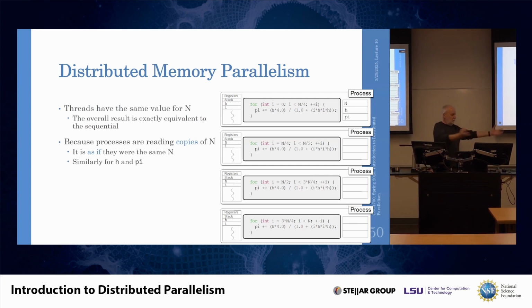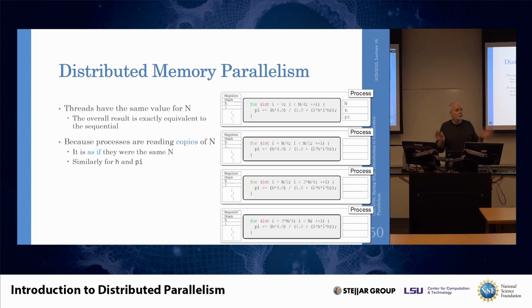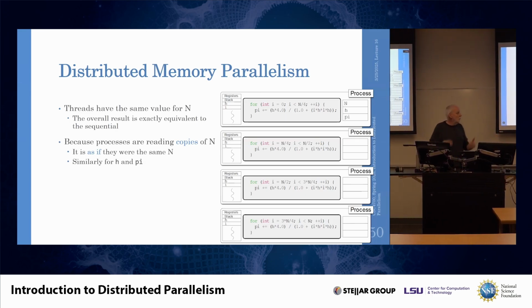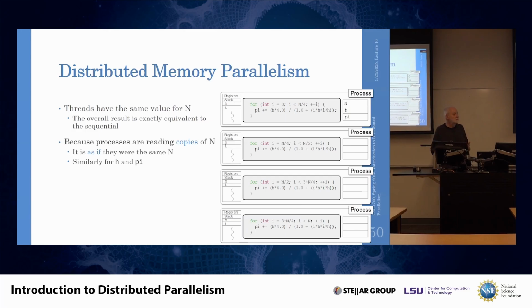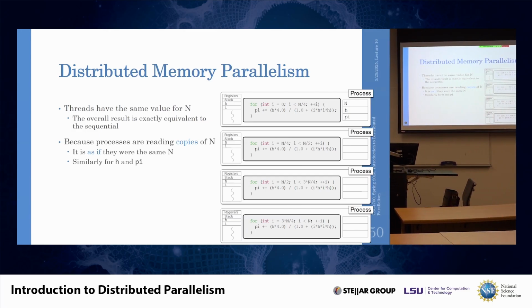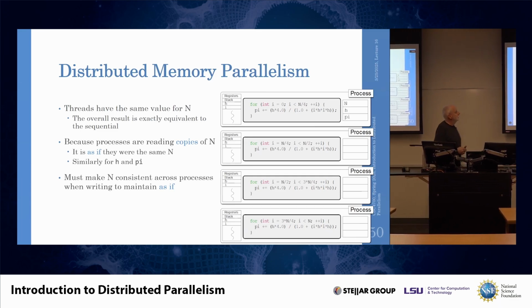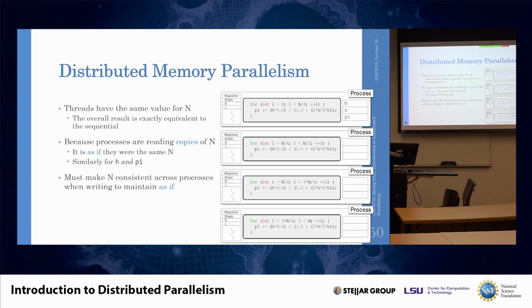You distribute the data across a system, and then you write code as if it was the same variable, because you know that you copied the value of that variable. So everybody is working with its own copy, which is as if they were working with the same one. And that means we have to make n consistent across all processes, otherwise it will not be as if. I think that makes sense.